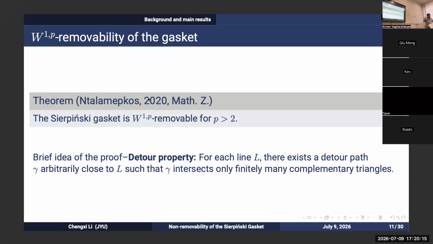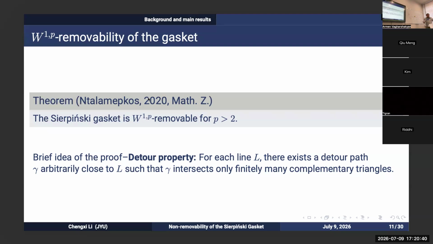What is the class of equivalence? Yes, what is the correct definition of the class of equivalence such that if you have a map from the Sierpinski gasket, an element in this class, it's still non-removable? Yeah, I think the Apollonian gasket is also non-removable, if I remember.